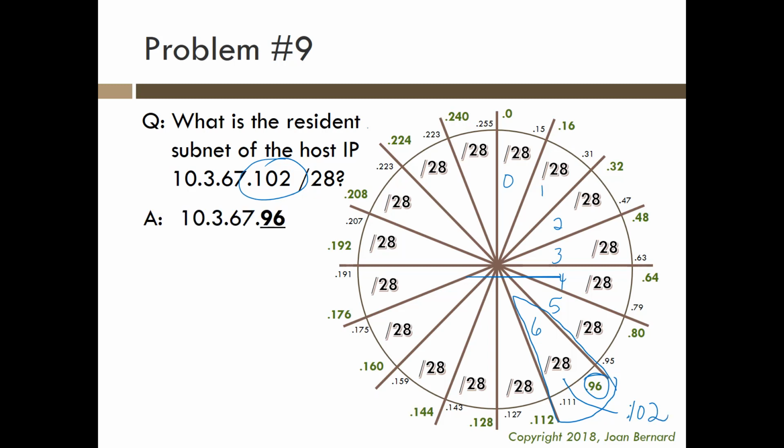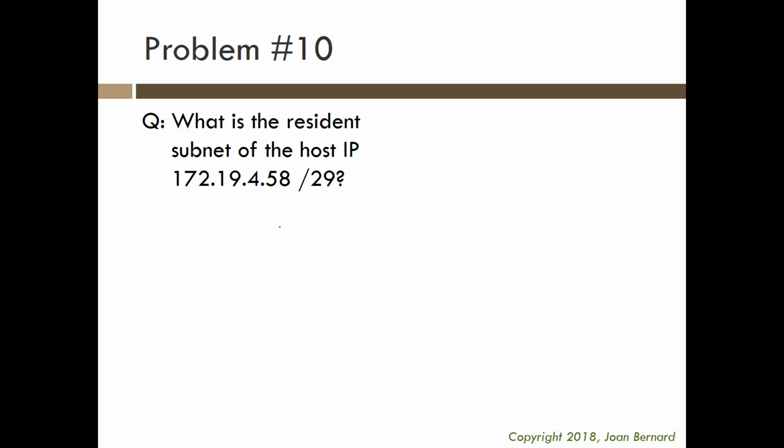All right. So there's the answer, 10.3.67.96. That is the resident subnet of the host 10.3.67.102.